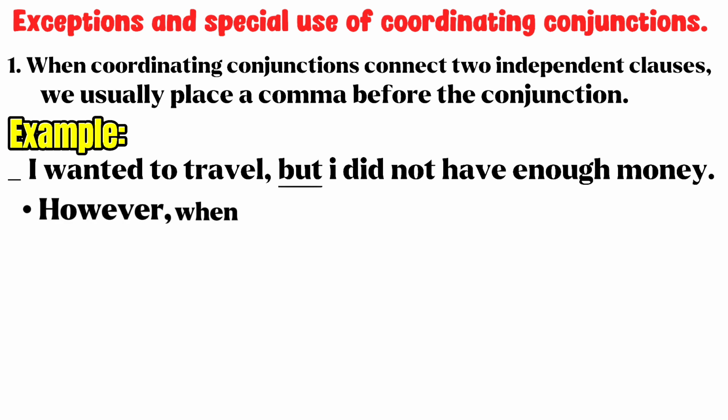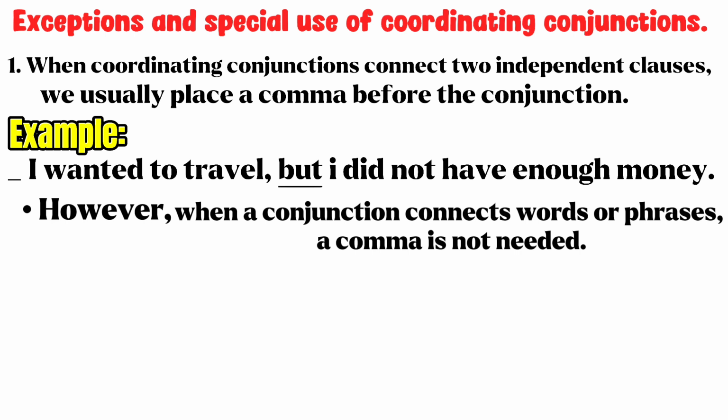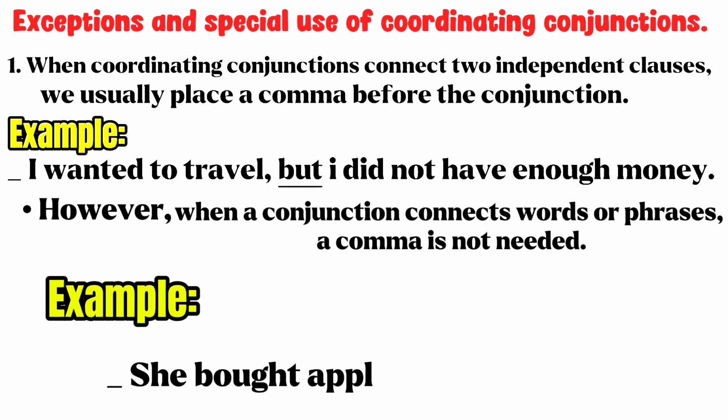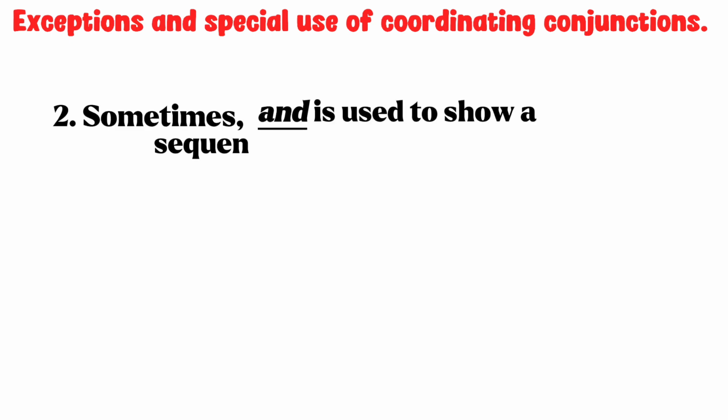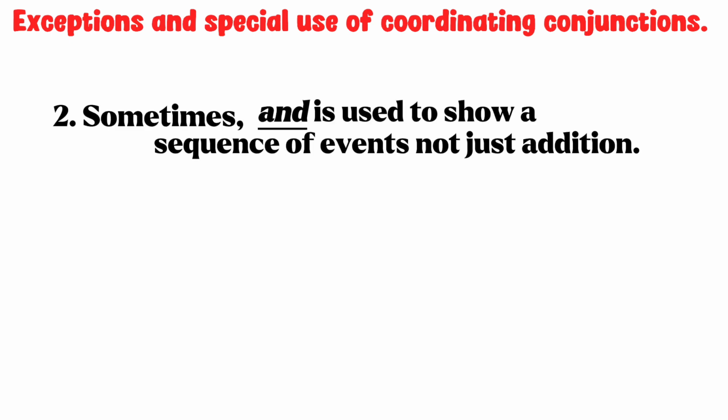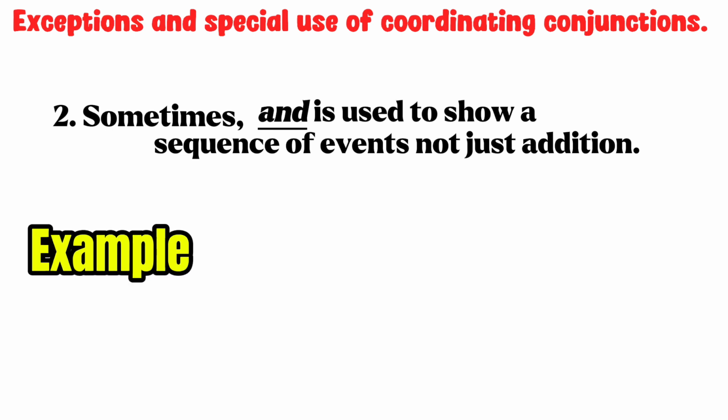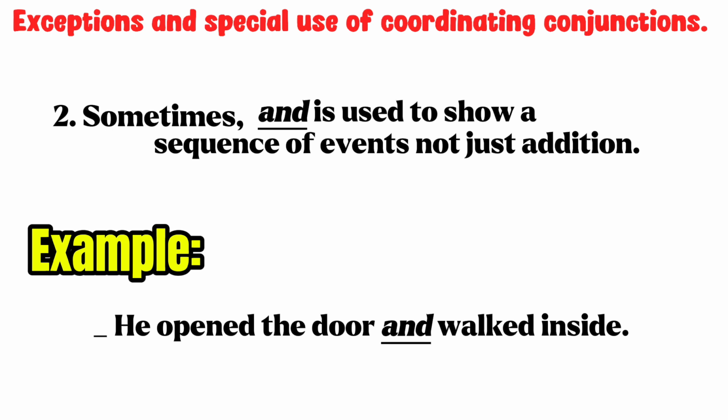However, when the conjunction connects words or phrases, a comma is not needed. Example: She bought apples and bananas. Another exception is that sometimes and is used to show sequence of actions, not just addition. Example: He opened the door and walked inside.